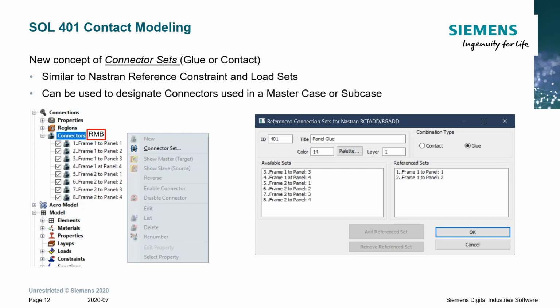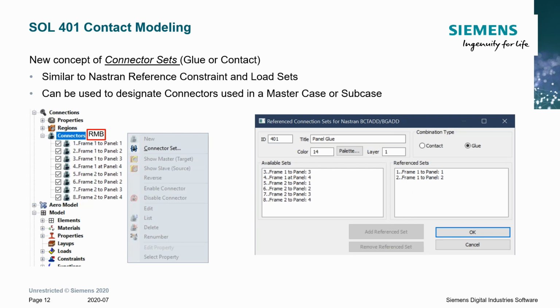So you're basically creating a connection set, and the other thing about these connection sets in 401 and 402 is that glued can have a different connector property, whereas in the regular Nastran sequences you could only use a single glued contact property.